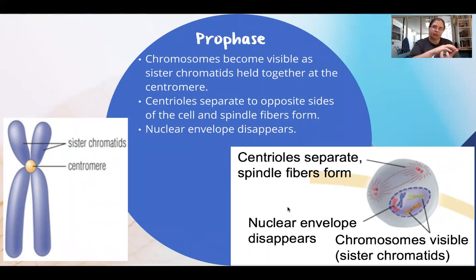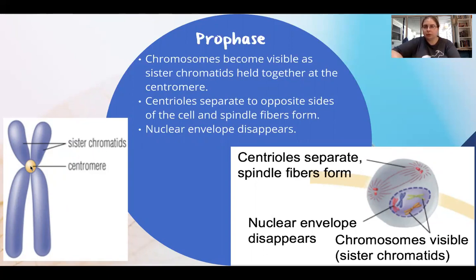So we're switching the DNA from the chromatin form to the chromosome form, which can be viewed with a light microscope. And the chromosomes are the sister chromatids held together by the centromere. Because remember, we've already replicated our DNA.